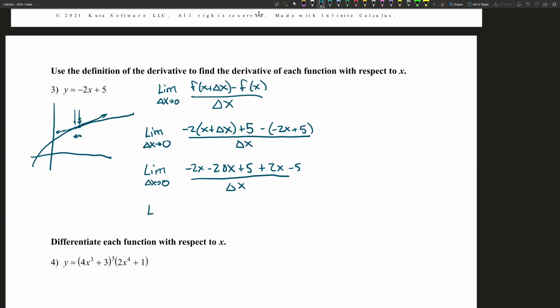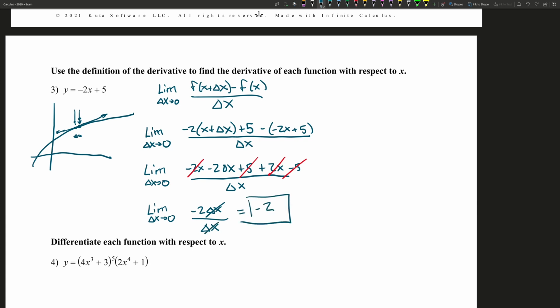If we combine like terms, right, negative 2x cancels 2x, positive 5 cancels negative 5, and we're left with negative 2 delta x over delta x. Delta x is a common factor, so those cancel, and we're just left with negative 2.